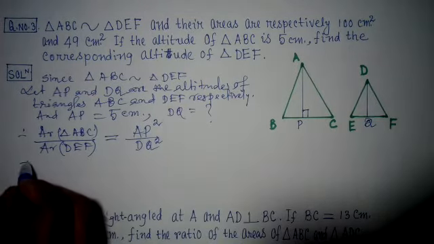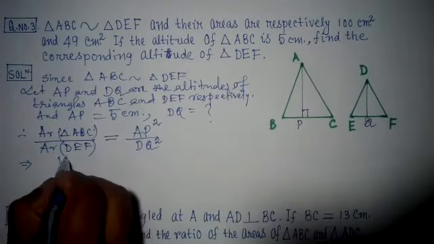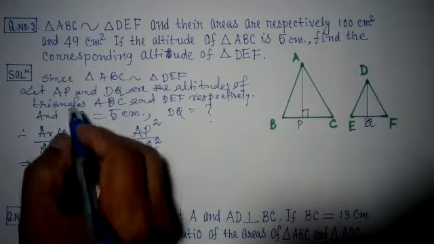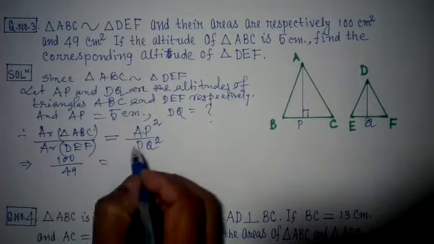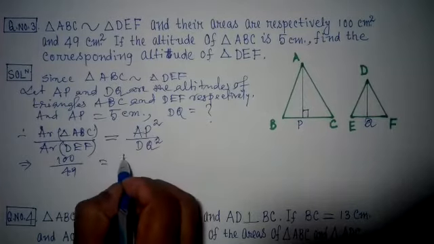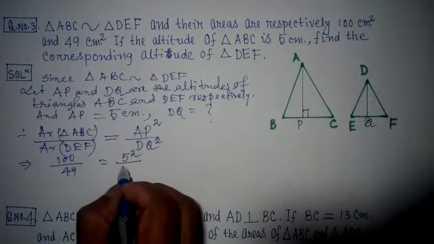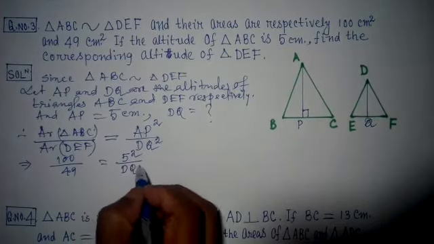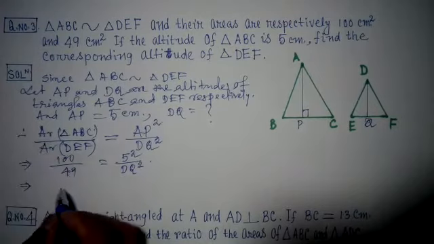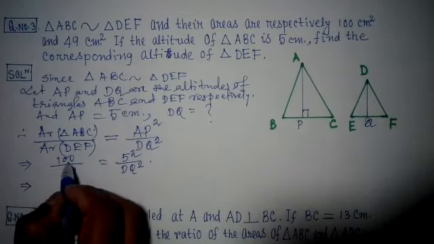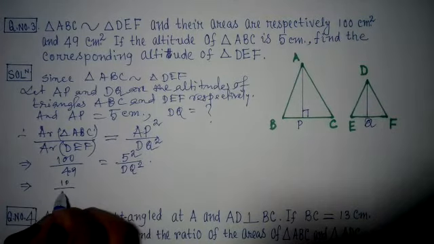So we write here, see, area of triangle ABC is given 100, right here 100, and area of DEF is given 49. This is 49. AP value is also given, 5. We can write here 5 square, and DQ we have to find, so DQ square remains like this. And we have done one sum. 100 is the square of what? 10, and 49 is the square of what? 7.